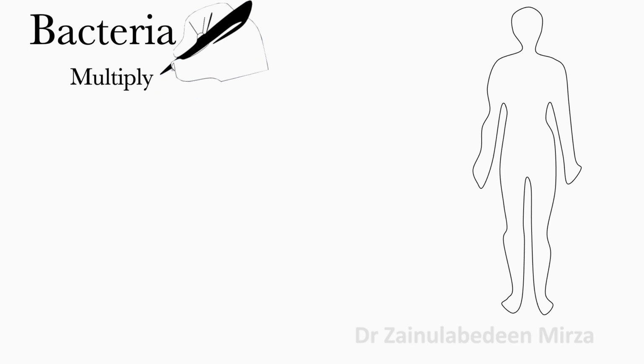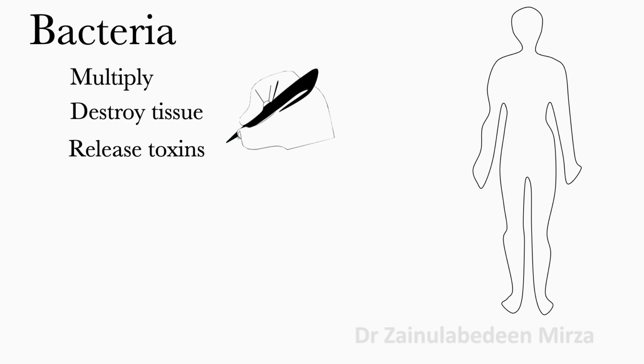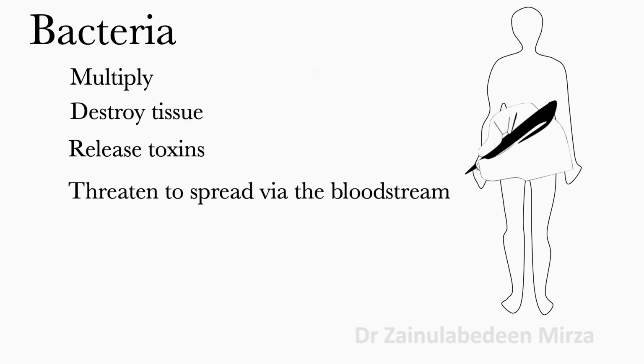Bacteria can multiply, destroying tissue, releasing toxins, and threatening to spread via the bloodstream to vital organs such as the heart, brain, lungs, and kidney. The symptoms of infectious disease depend on the sites of infection and type of bacteria. Identifying bacteria is essential to know which antibiotics to use to treat bacterial infections.